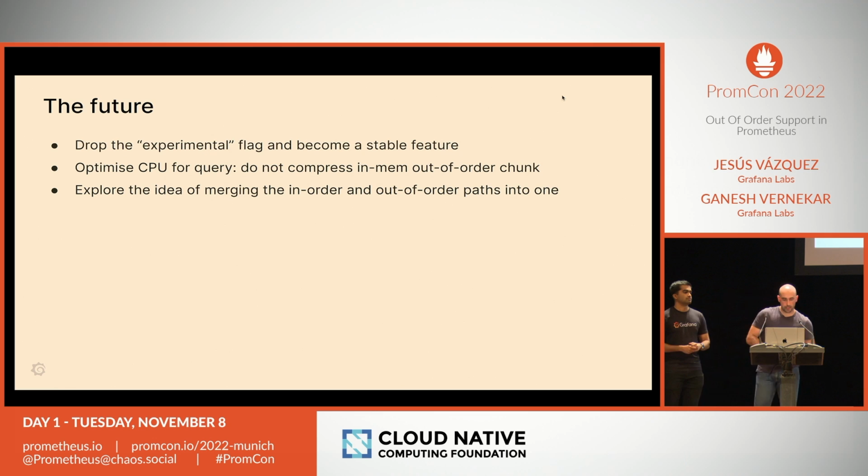And last, just a few notes on the future of out of order. So the first thing is to drop the experimental from it. Yeah, I don't know if you mentioned it enough, but it's experimental, so be careful if you use it. If not, you can fall back to the LTS version. But on the bright side, we are using it in production at Grafana, and it's going well.